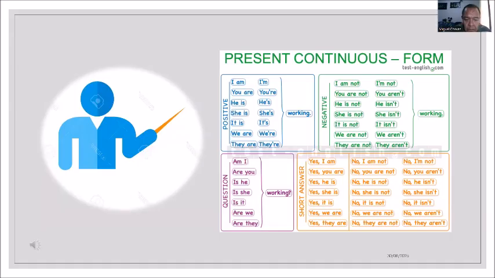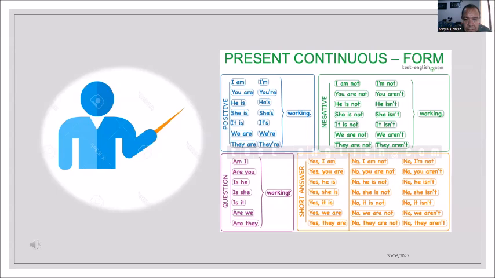In positive sentences, we use the verb to be, am, is, are, followed by the ing form of the main verb. The structure is as follows: subject plus am, is, are plus verb with ing.